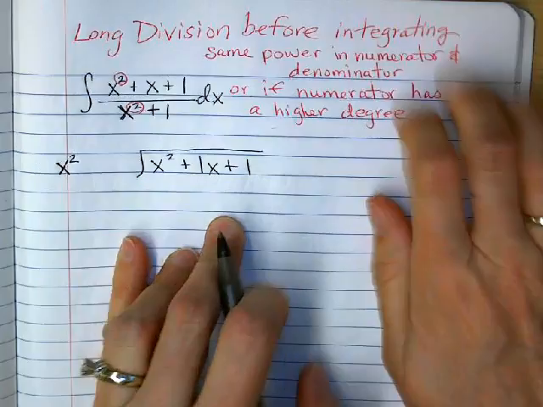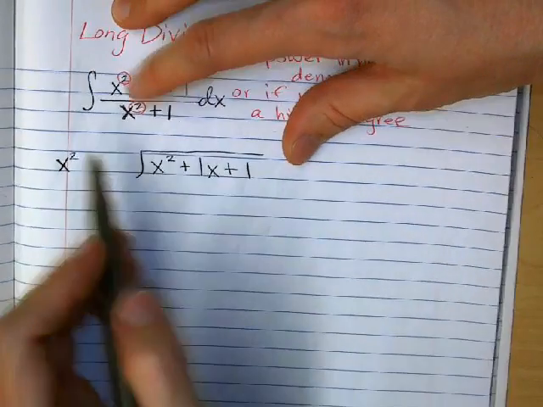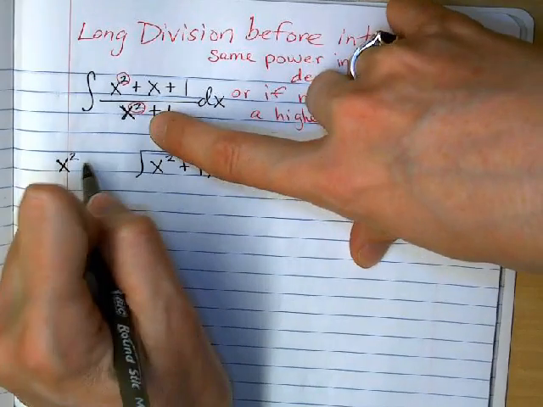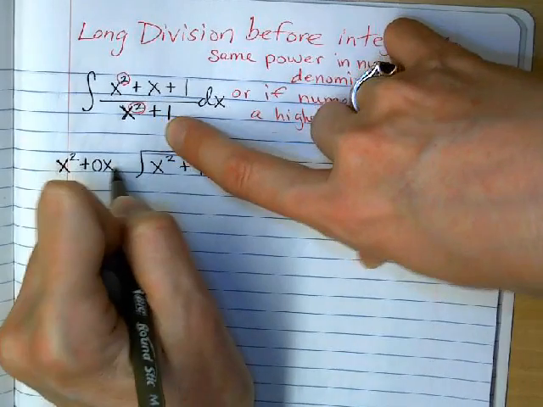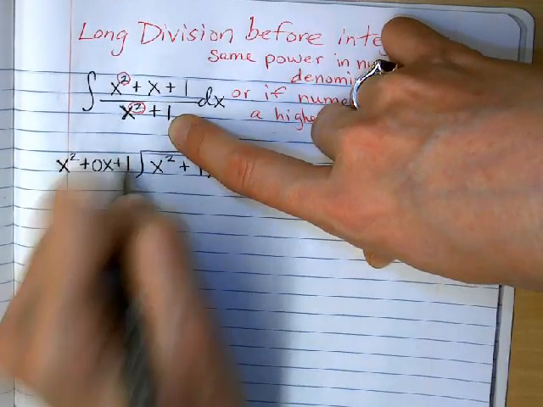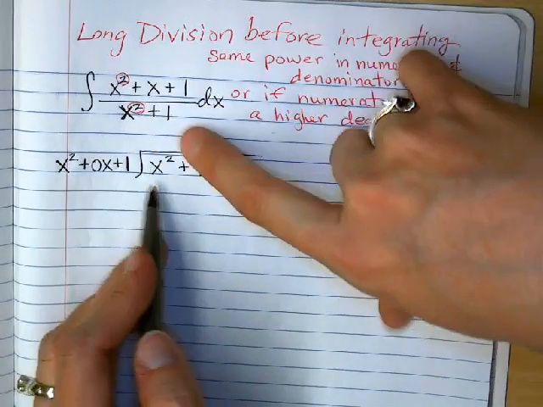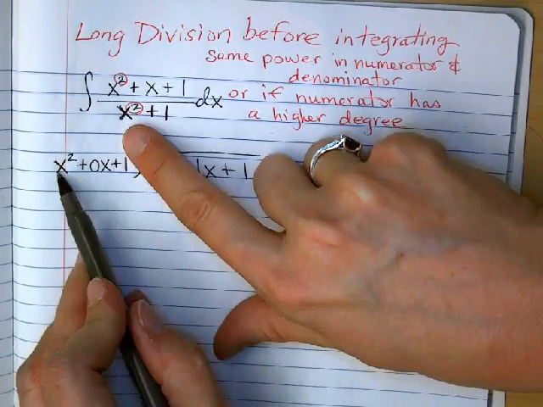The bottom that I'm dividing by just says x squared plus 1, but it doesn't have an x. So I like to put x squared plus 0x plus 1. I like to fill in missing terms. There was no x in that bottom part.